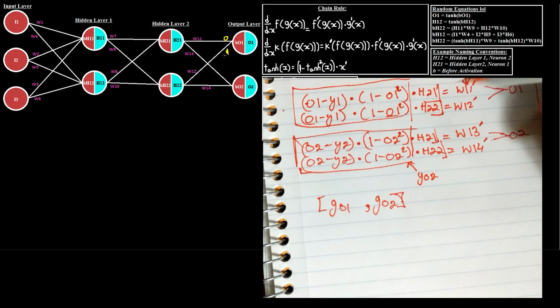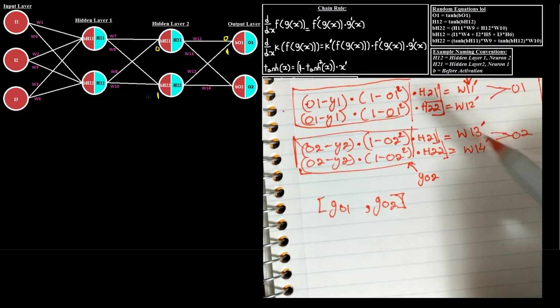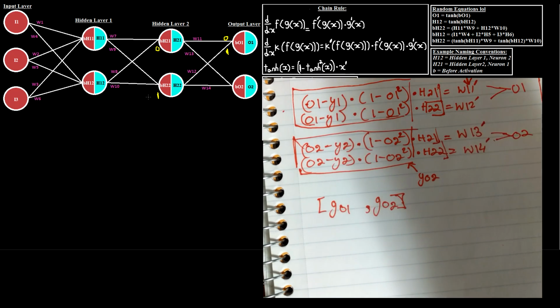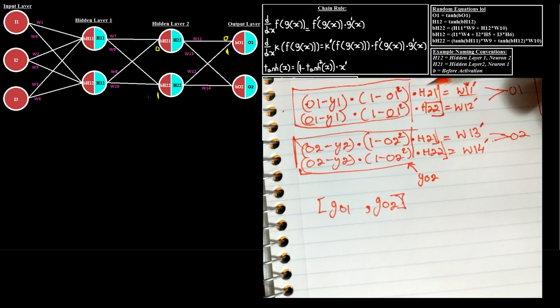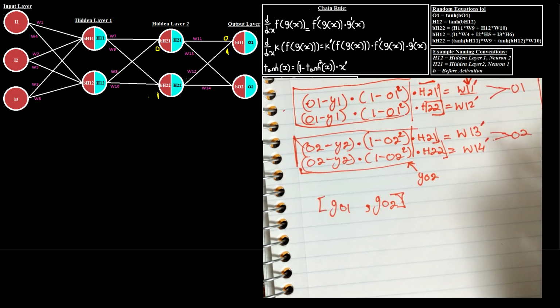And take a look at what H21 is. H21 in its hidden layer is the 0th index, whereas H22 is the first index. So we can see there's a one-to-one correspondence between the index of the weight that we're trying to calculate the derivative for, and the index of the derivative of the before activation that it ends up computing.